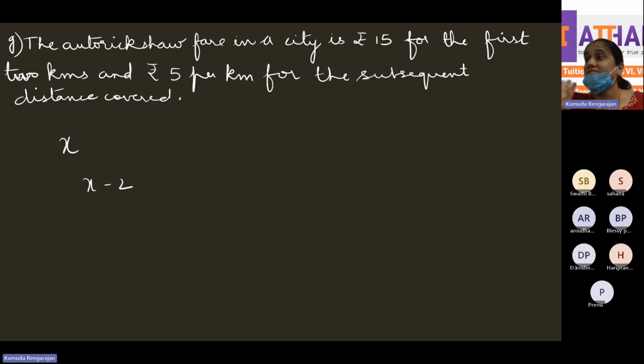You have to use two variables X and Y. Are you talking about the question? I've written the question here, no? Can you understand what he's asking me? After subsequent distance, is there something? No, covered, that's all.